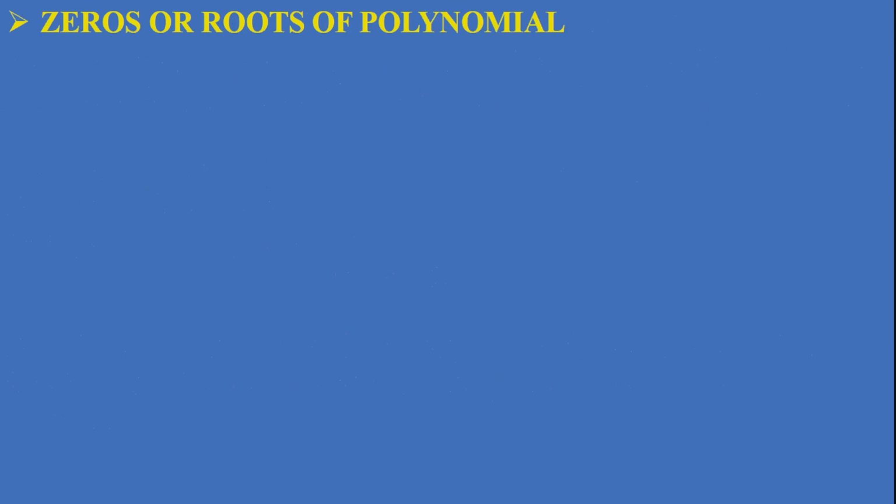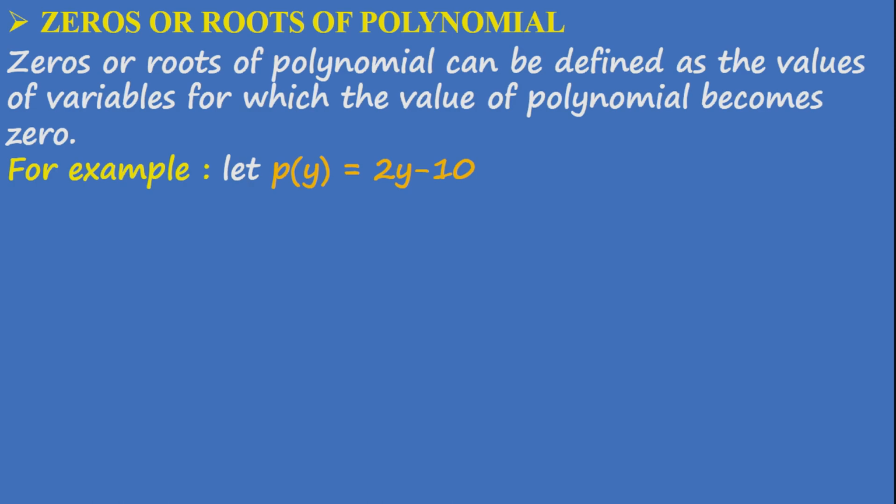Now we discuss the last topic of this video, that is zeros or roots of a polynomial. Dear students, zeros or roots of a polynomial can be defined as the values of variables for which the value of the polynomial becomes 0. We take an example to understand it. Let the polynomial p(y) = 2y - 10.